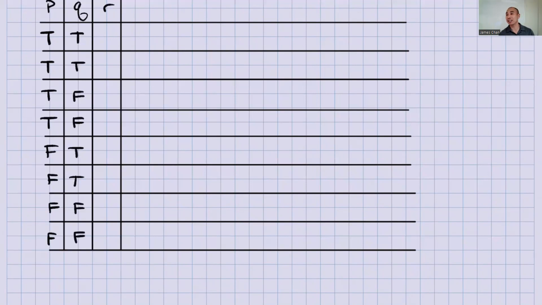And half of 2 is 1. So true, false, true, false, true, false, true, false. Does that make sense? So I start with 8, then 4, then 2, then 1.